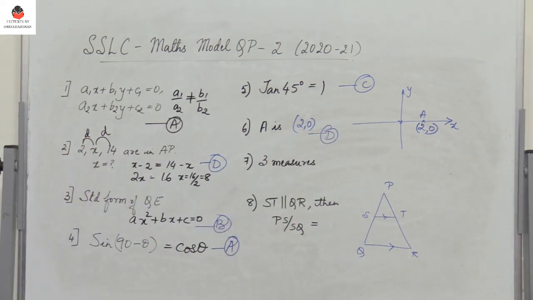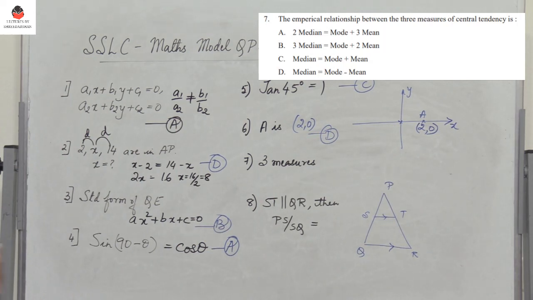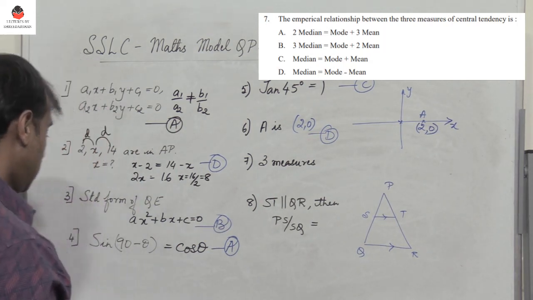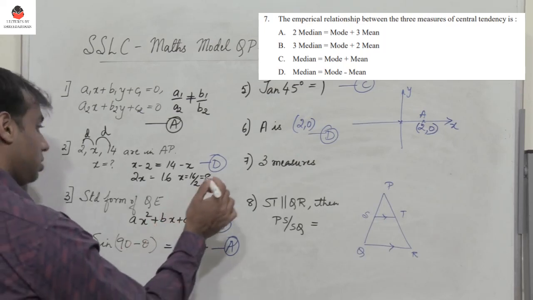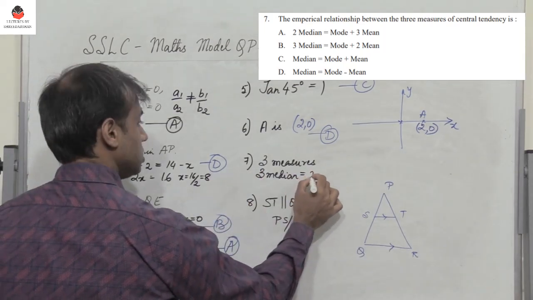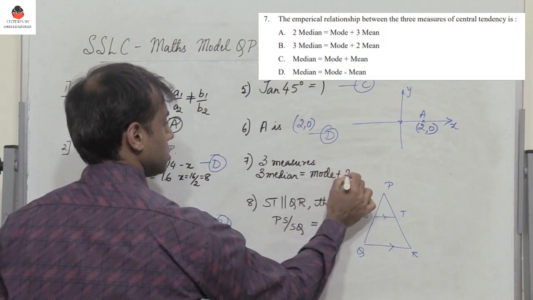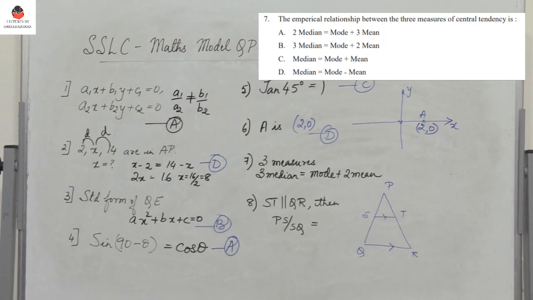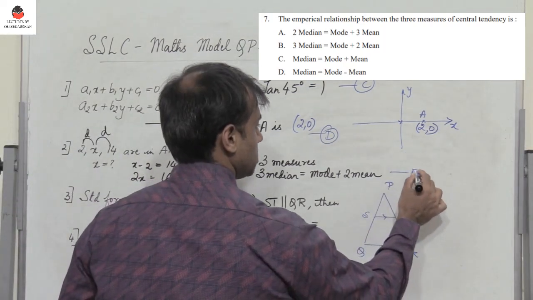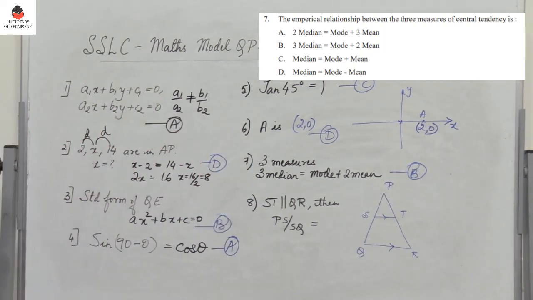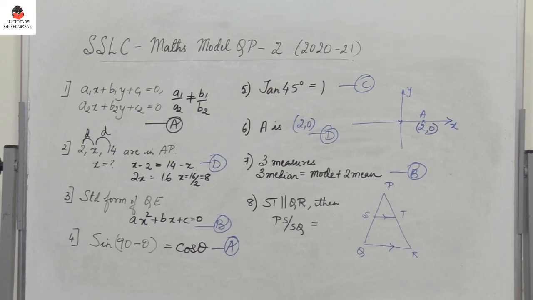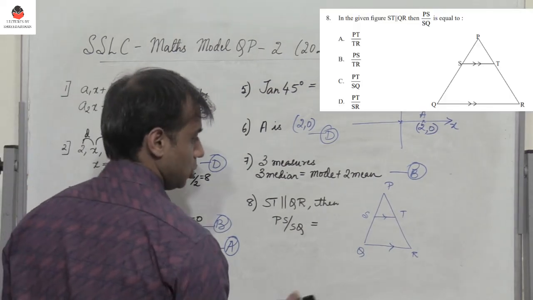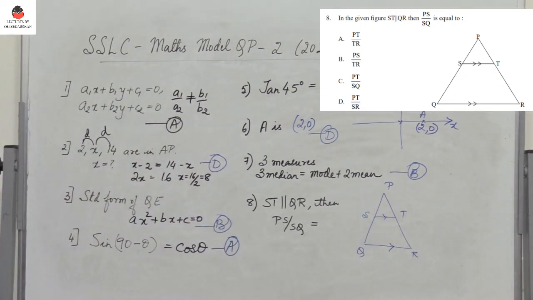The 7th one: the empirical relationship between the 3 measures of central tendency is... Again very easy. We know that 3 median equals mode plus 2 mean. By definition, 3 times median is mode plus 2 times mean, and this corresponds to option B. Next, the 8th one: ST is parallel to QR as shown in the figure, and then PS by SQ.